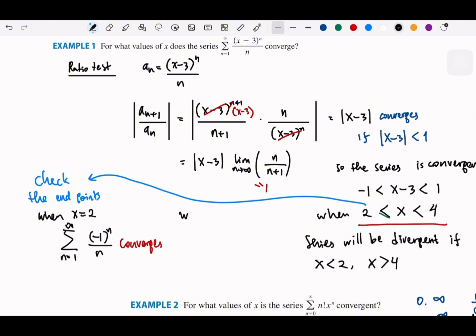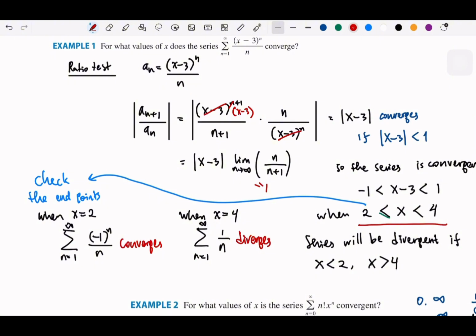And then when x is equal to 4, the series becomes 1 over n only, right? Which means this will diverge. So we don't include 4. So the interval of convergence, the final result, will be 2 less than or equal to x less than 4.